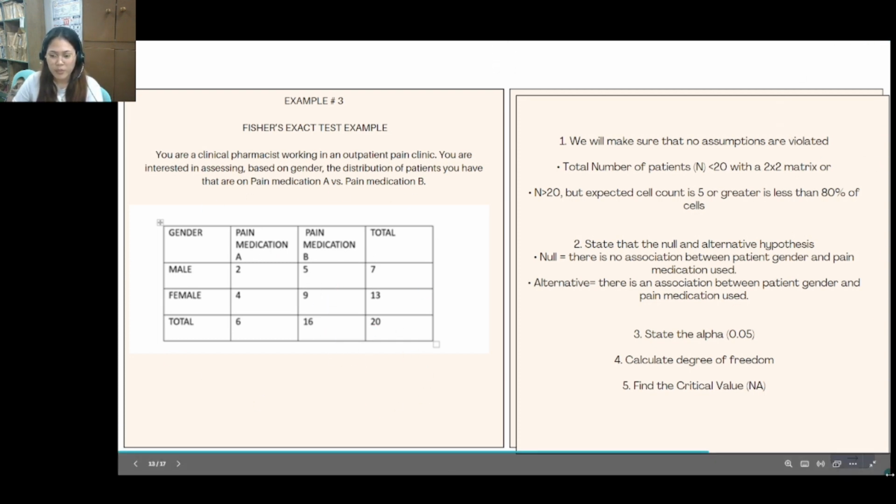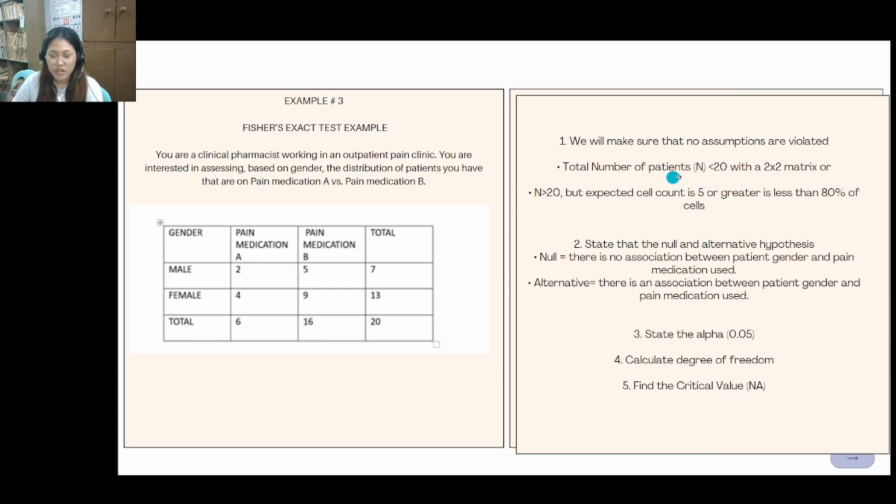So the first step we need to do is make sure that no assumptions are violated. The total number of patients, our n, is less than 20 with a 2 by 2 matrix, or our n is greater than 20 but the expected cell count of 5 or greater is less than 80% of the cells. State the null and the alternative hypothesis.